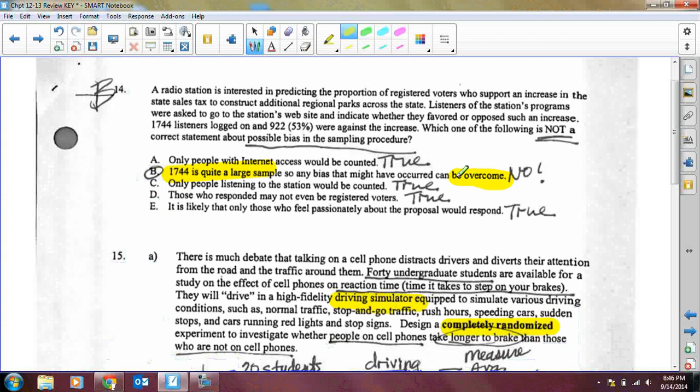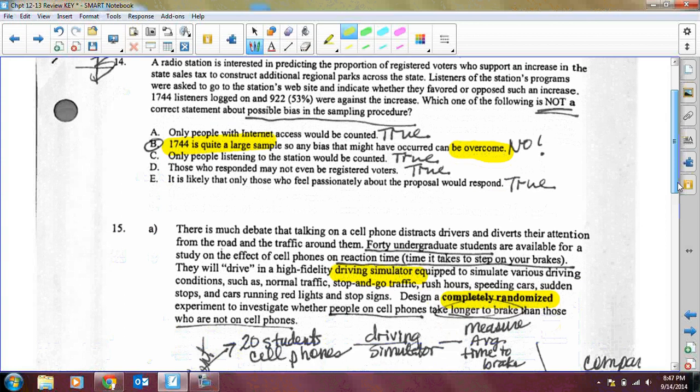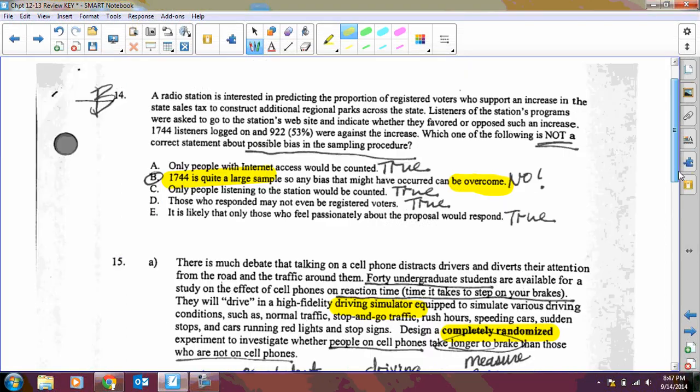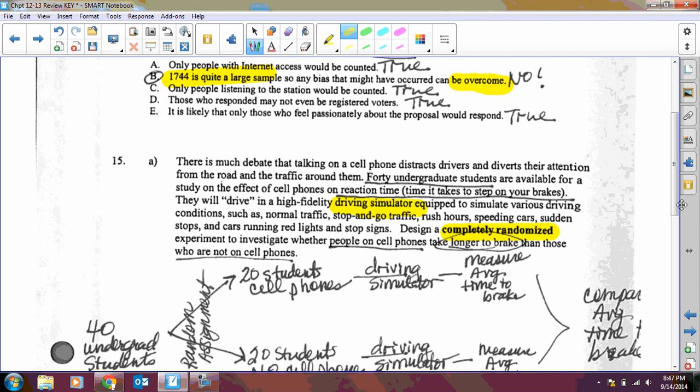Continuing to use the same biased method is still going to produce bias, just on a larger scale. So if you do not rearrange the way that you design the experiment, the bias will not be overcome by a large sample.